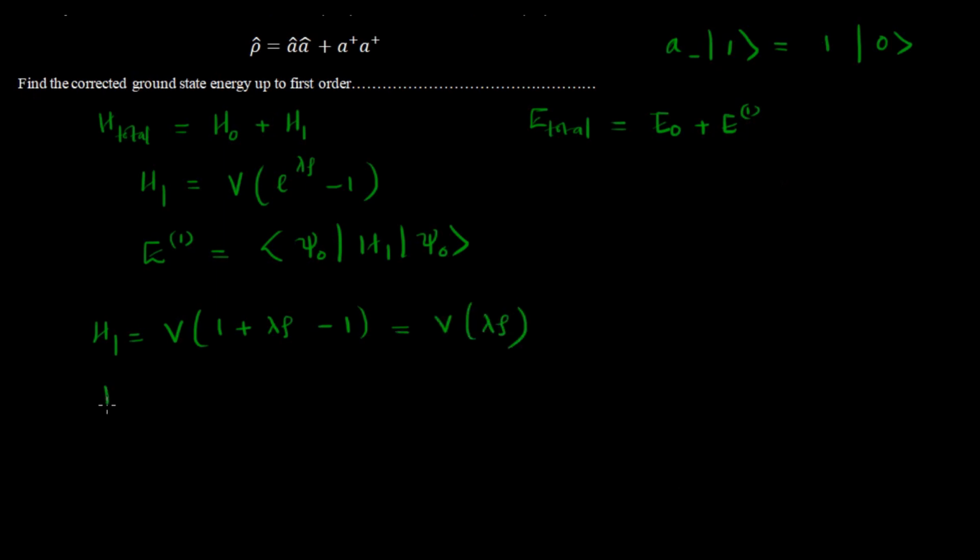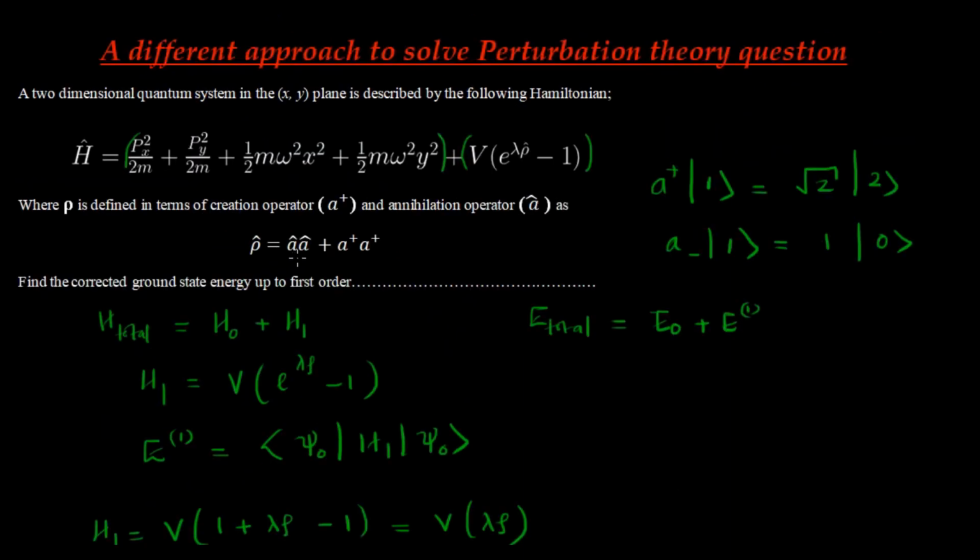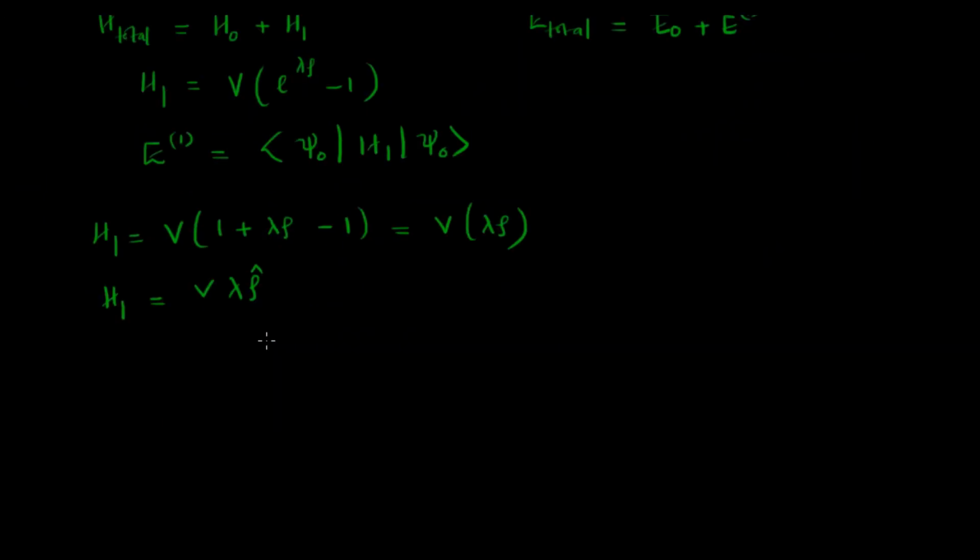We have reduced the Hamiltonian from the exponential to this form very easily using the Taylor expansion. Now we substitute the a minus and a plus form of the rho operator, and H1 can be written as V lambda times a minus plus a plus.